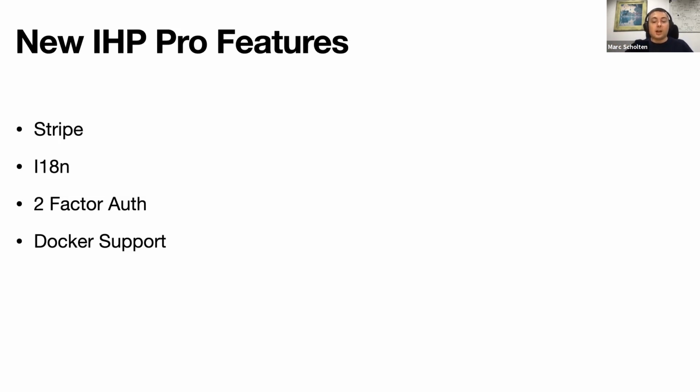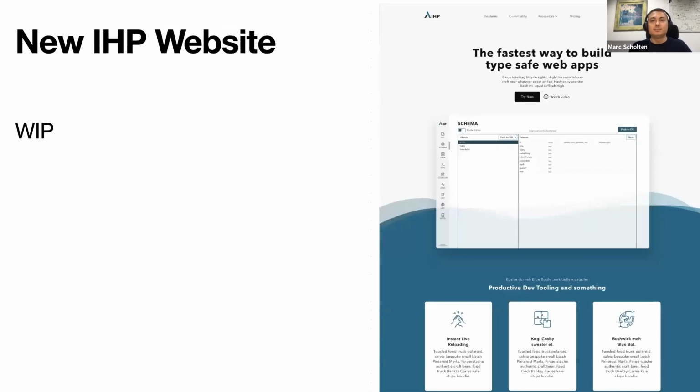Yeah. Another thing we are working on right now, some of which you could already see in the past couple of weeks, is the new IHP website. After the new logo, we also started working on giving it a new, better look. The last version of the IHP website, which is still live right now, was also designed by me, I think after the launch, and then we just revised it a little bit.